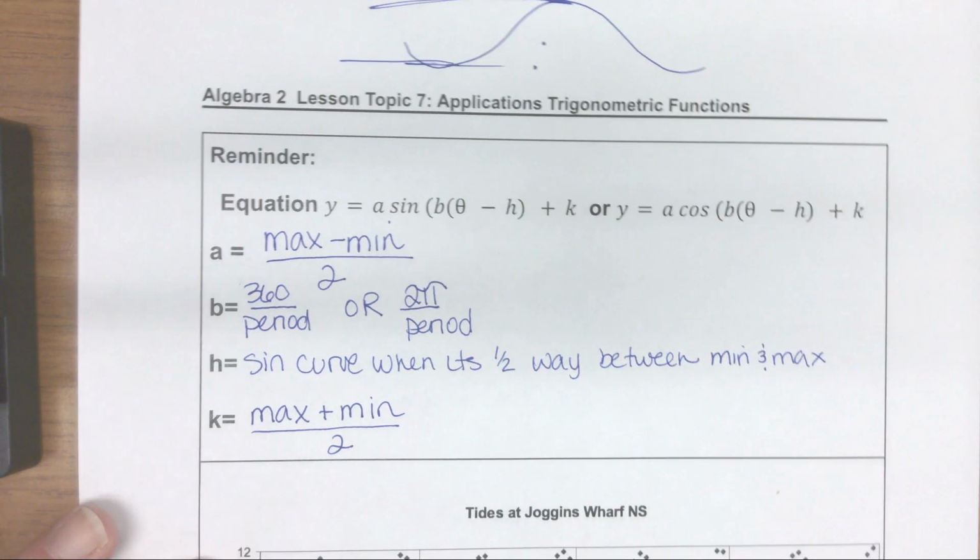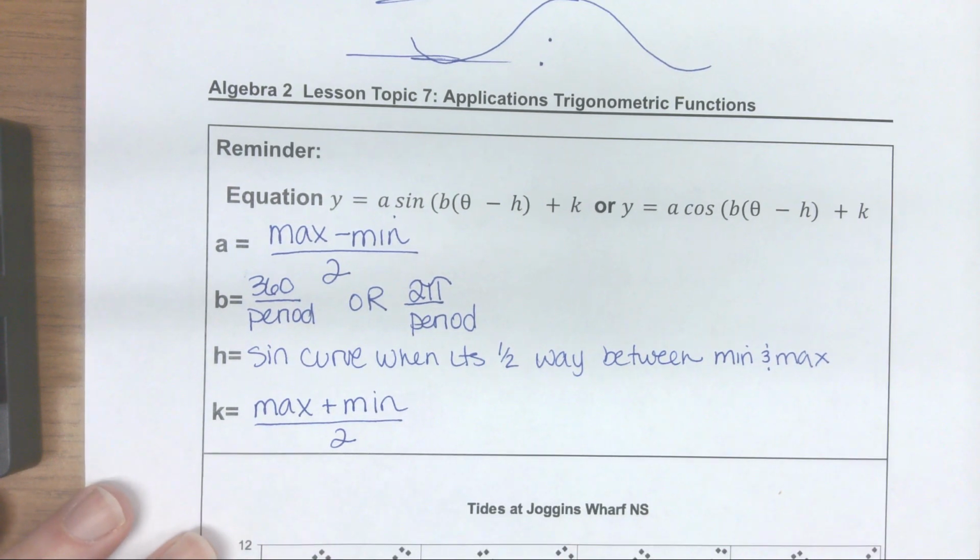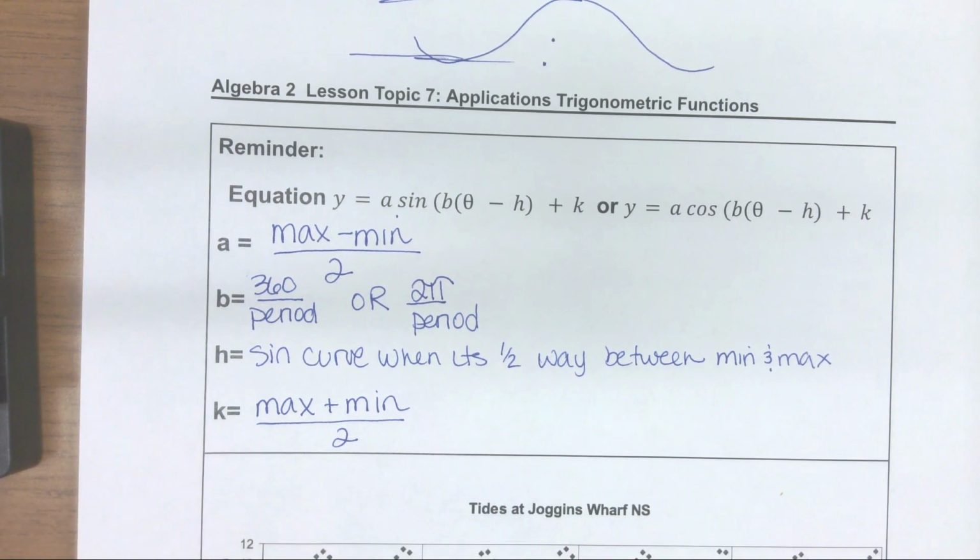Because when you're dealing with a sine curve, normally at 0 the sine curve starts in the middle. So if it doesn't start in the middle at 0, I'm going to have to shift it to where it starts. Okay, so either halfway in the middle between the min and the max if you're dealing with a sine curve. What does the cosine curve start with? It starts at its max.